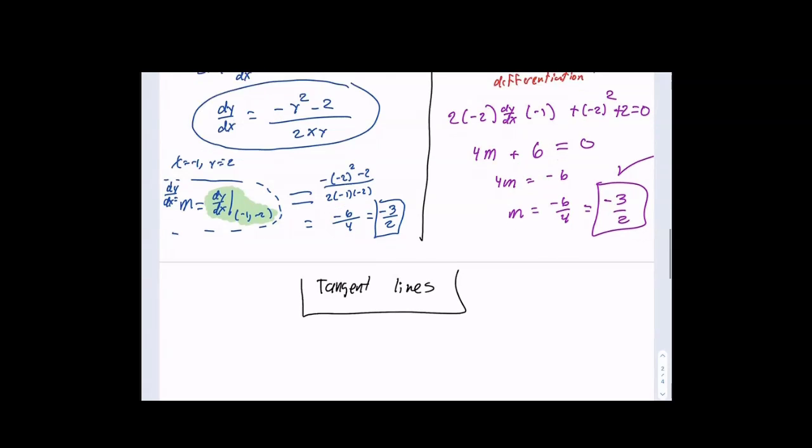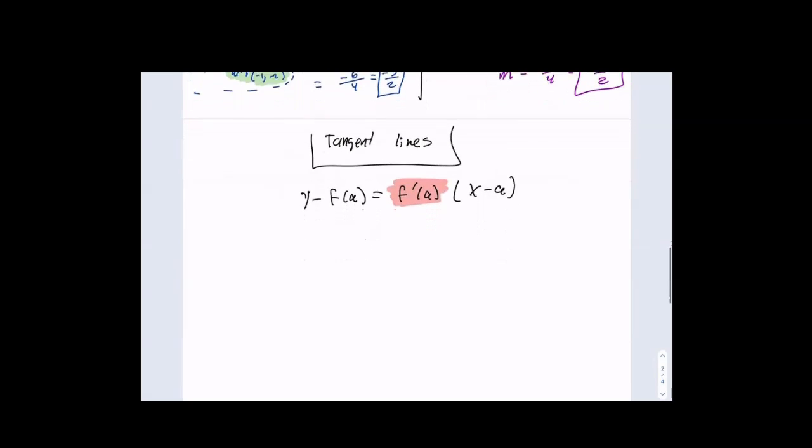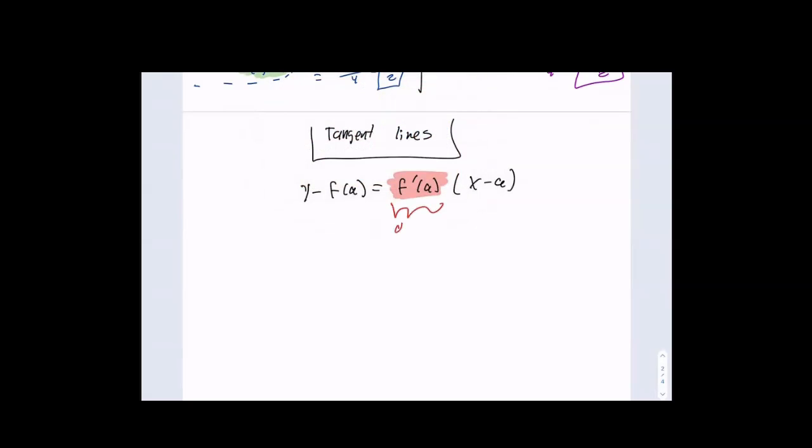Tangent lines. Really, nothing special now that we know how to do this. It's the same formula. y minus f of a equals f prime of a times x minus a. Now this is the same. However, we have to realize that f prime of a is its own problem, and that f prime of a is really dy dx evaluated at a, f of a.